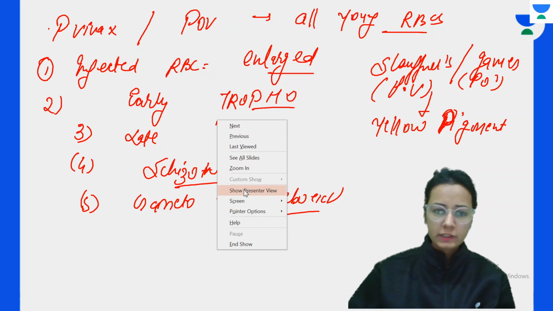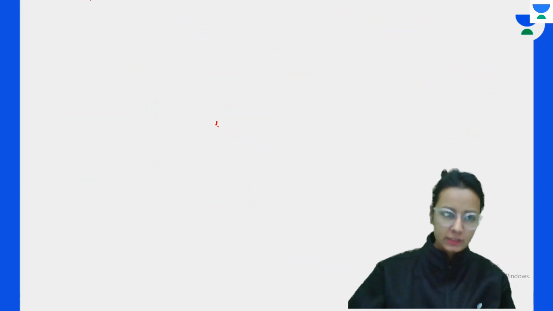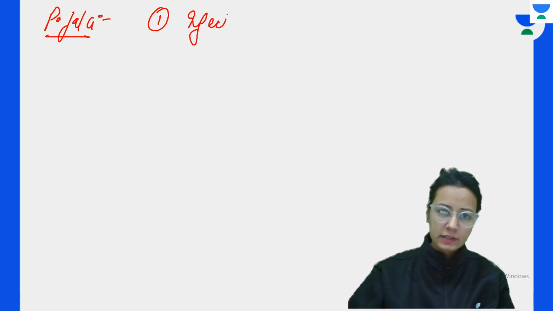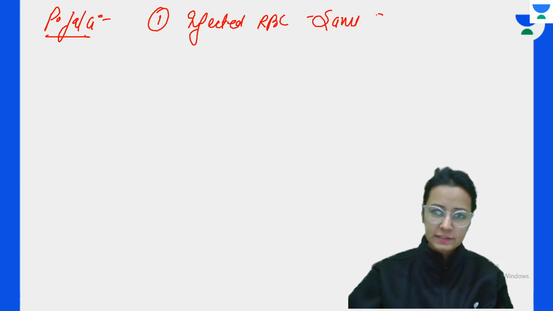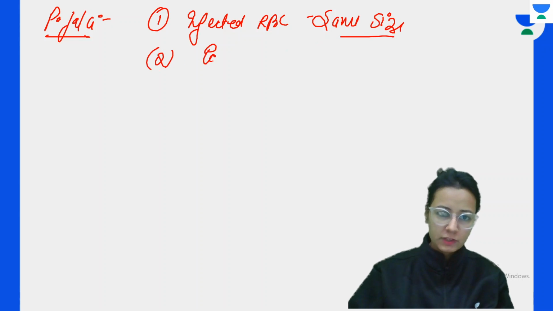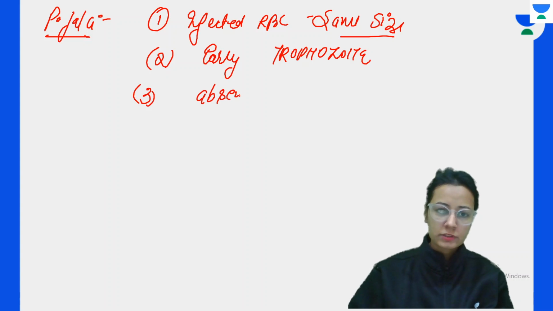Now, talking about the next one, that is falciparum. In these cases, infected RBCs will be of the same size, and we have the early trophozoite stage, with absent schizont stage.